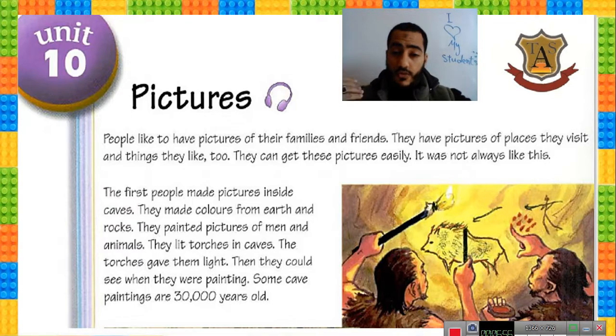Maybe they are very old men, ancient men, from the past. They are painting and drawing on a wall. It may be a cave, and one of them is holding a torch to be able to see. Okay, let's see the next picture.